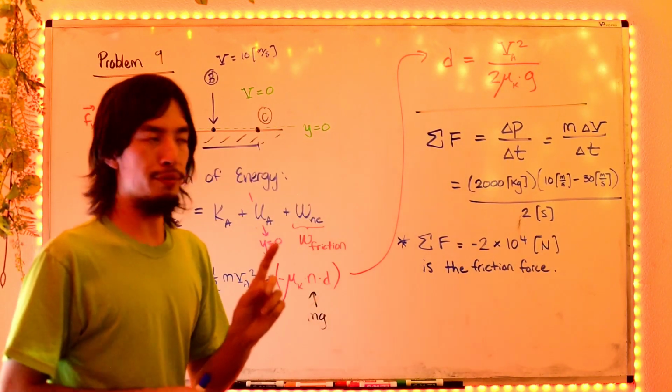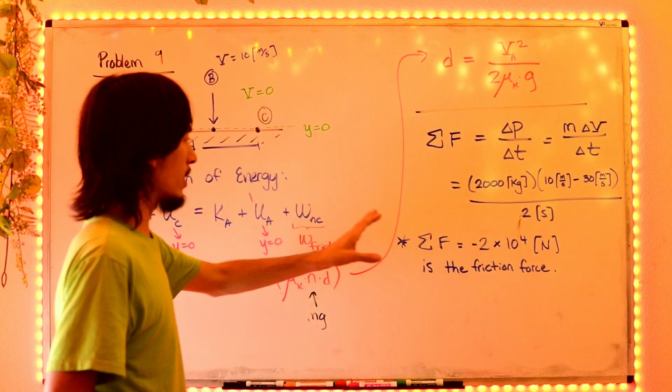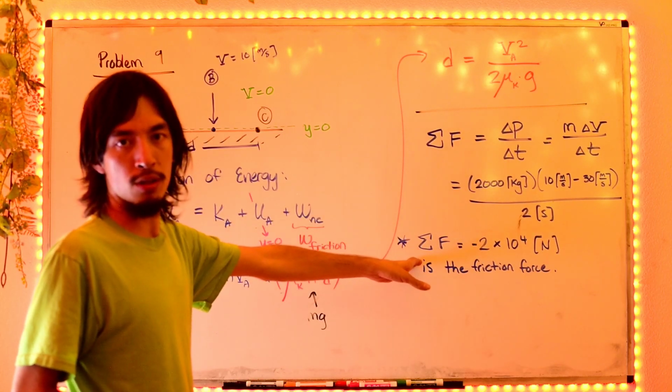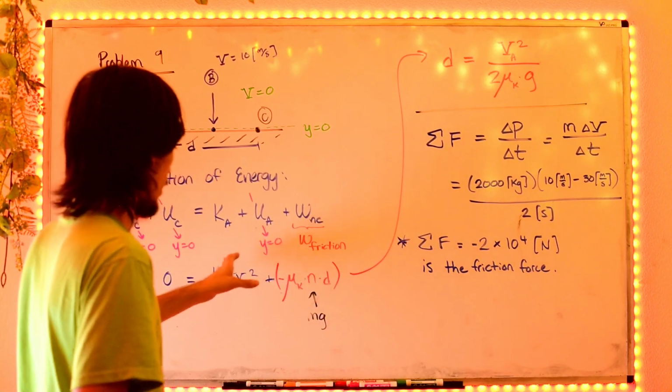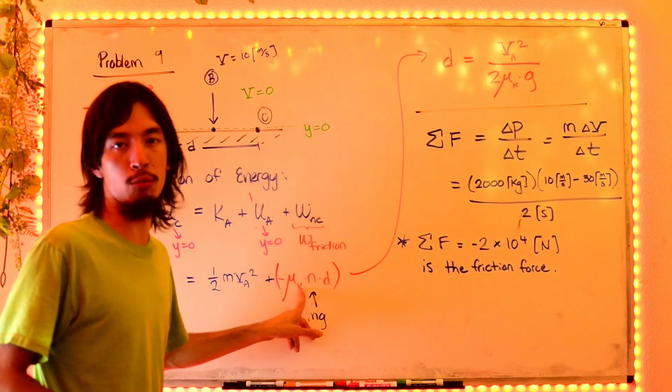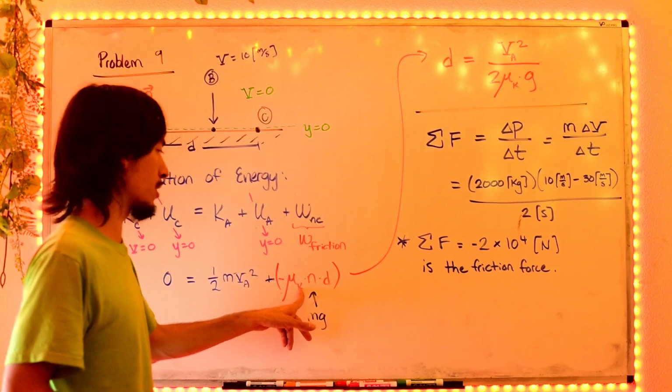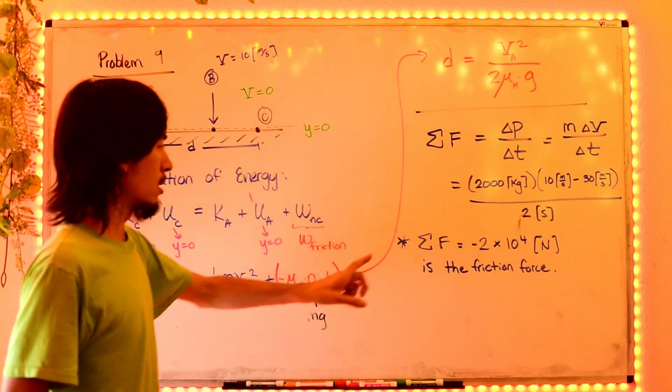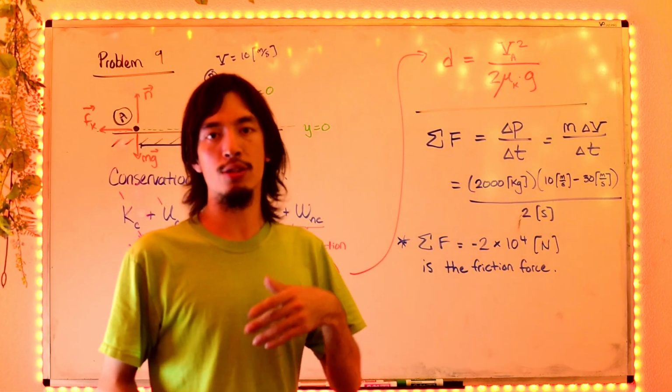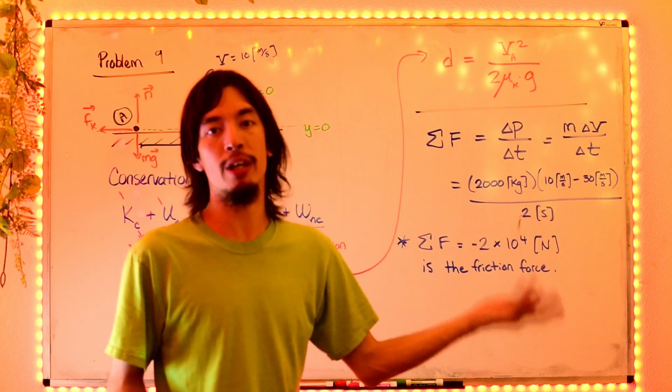So we can either do one of two things at this point. We can either take that friction force and go back a couple of steps and just write the problem with friction force in it instead, or we can take the friction force, solve for the coefficient, and plug it back in.